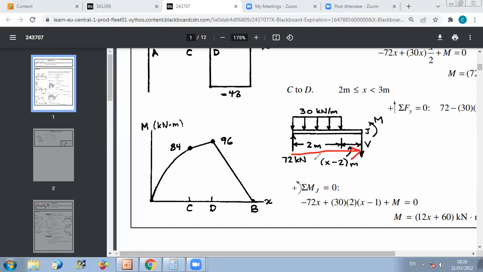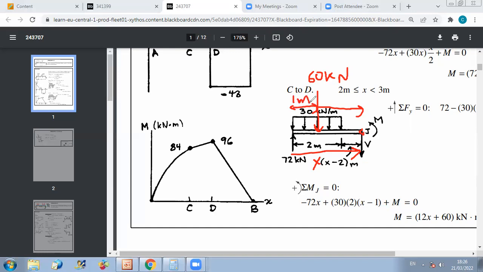So this is x. Now, to determine the moment of the equivalent force to the distributed load, which is 60 kilonewton, we need to express the distance from this force to the end point of the section as a function of x. We know that from A to the centroid of the distributed load, you have 2/2, which is 1 meter.